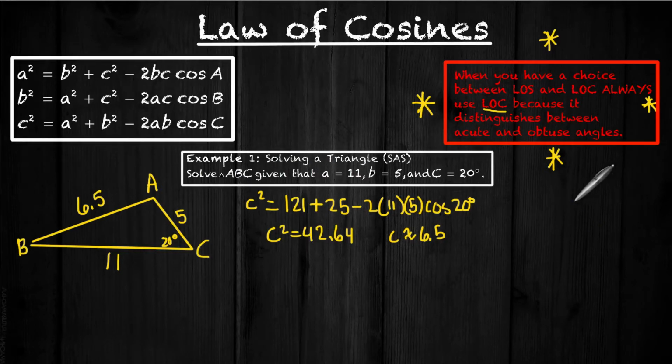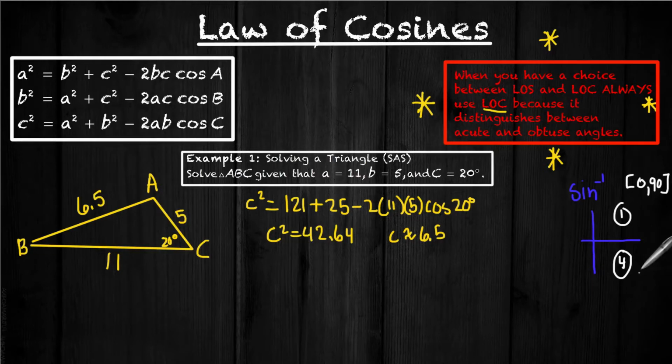When we did inverse trig, we remember that inverse sine only gives us angles back in quadrants 1 and 4. Quadrant 1 goes from 0 to 90, and those are all acute angles.